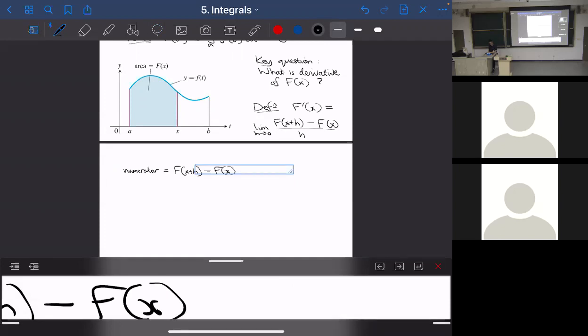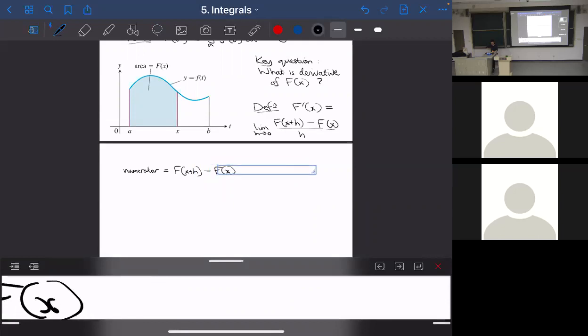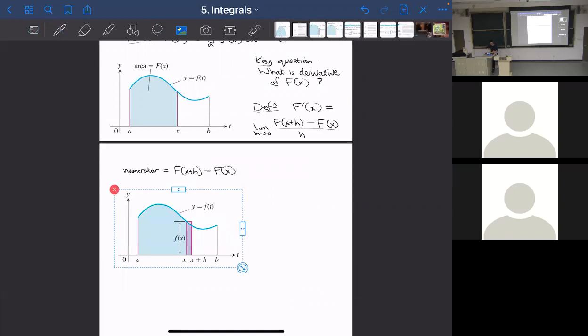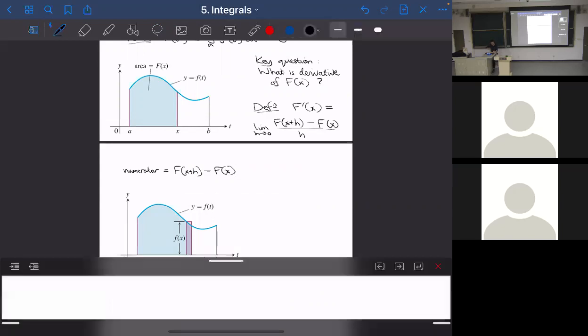The numerator is this difference. And so what is F(x)? Big F(x), that's the area above in blue. But what about F(x plus h)? So that's the area in blue plus something. And the thing that's being added is shown in this new diagram in purple.